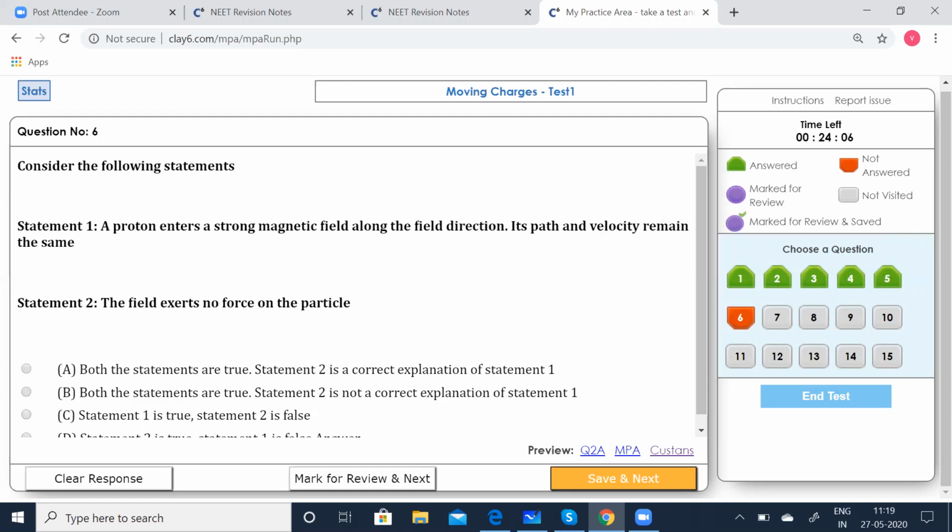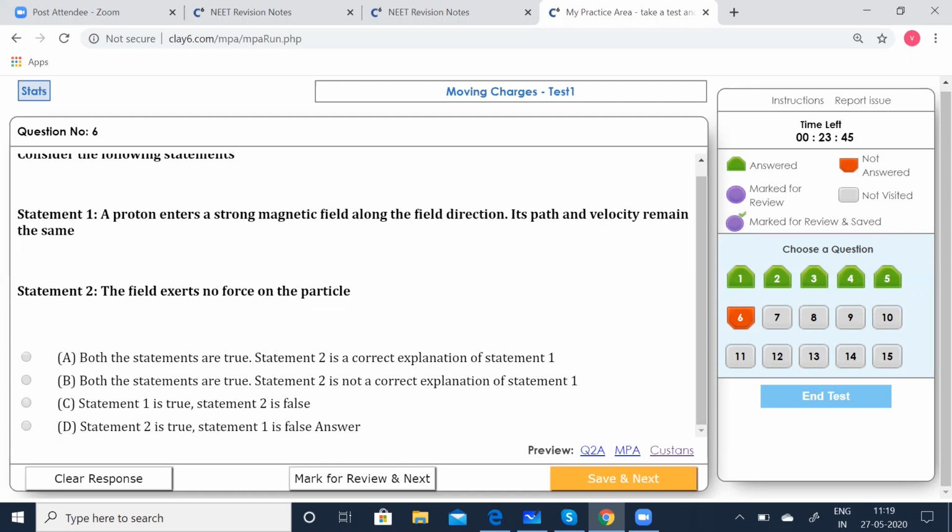A proton enters a strong magnetic field along the field direction. Its path and velocity remain the same. And also, the field exerts no force on the particle.